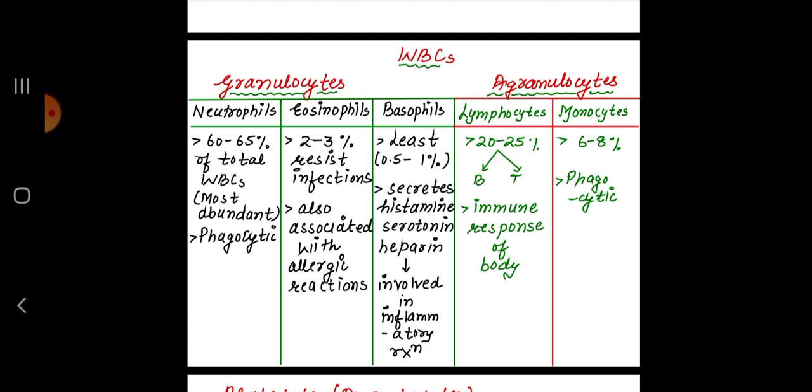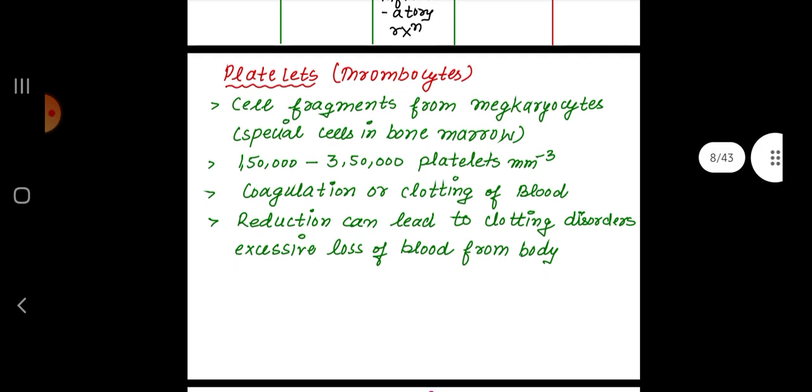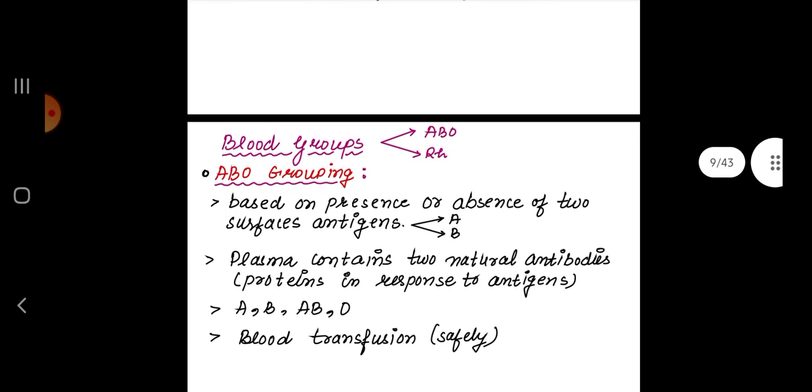Granulocytes are of three types: neutrophils, eosinophils and basophils. Agranulocytes are lymphocytes and monocytes. Platelets, also known as thrombocytes, are cell fragments from megakaryocytes. Coagulation or clotting of blood takes place by platelets. Reduction can lead to clotting disorder and excessive loss of blood from the body.